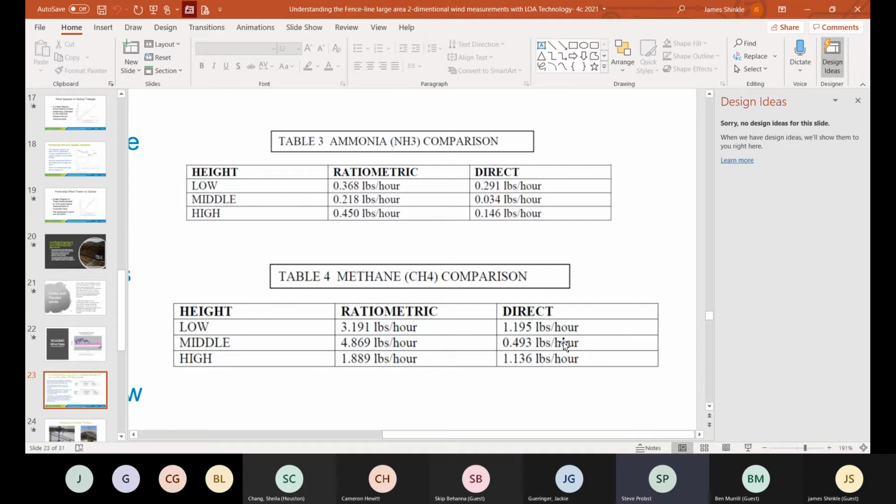So if they're using wind data in combination with concentration to calculate the mass going across their fence line, what this data tells you is they may be overestimating by 10 times if they're using a single anemometer to do those calculations.